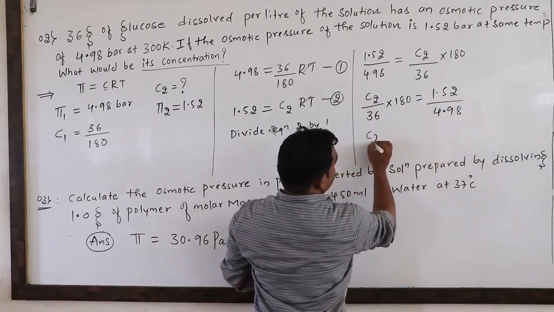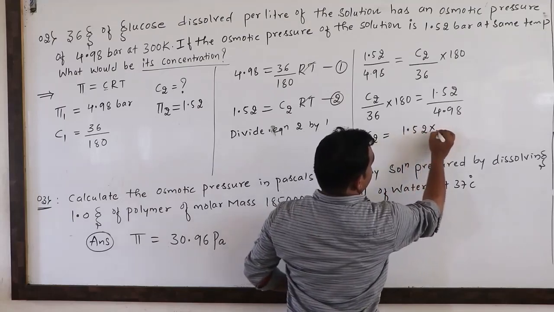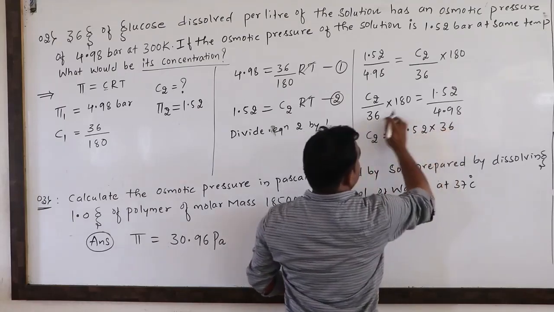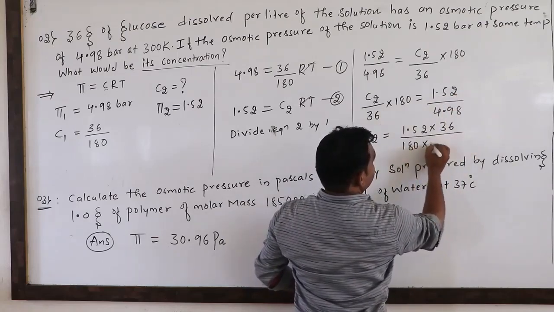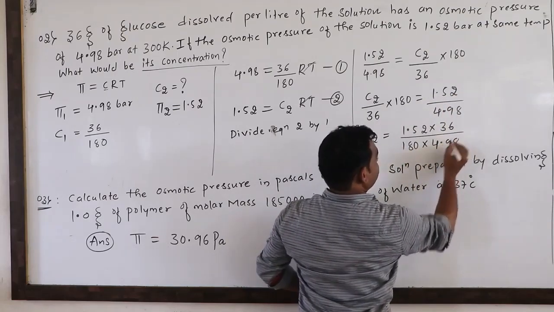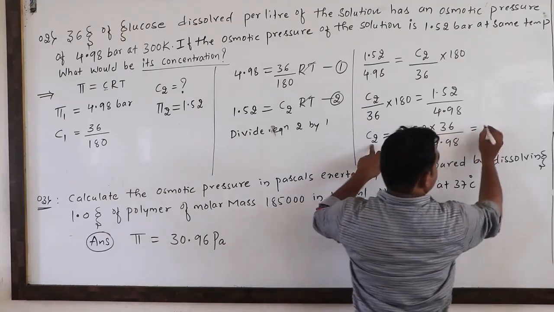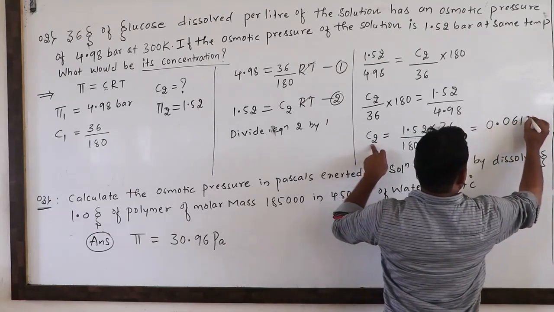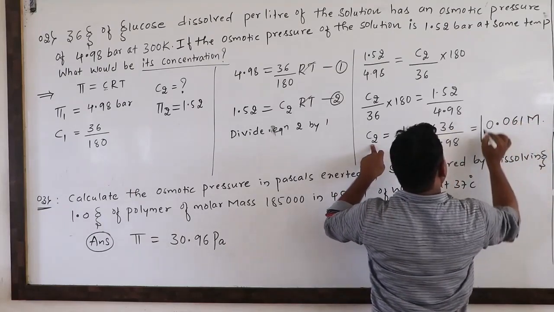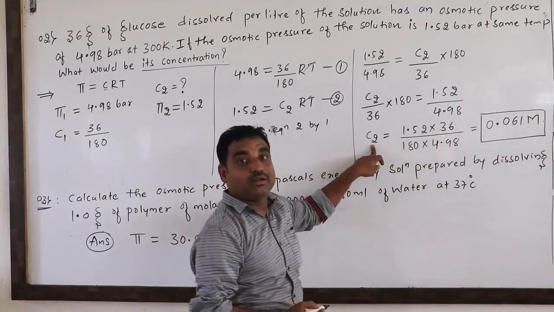Now C2 is equal to 1.52 into 36 divided by 180 into 4.98. If you calculate this, C2 is equal to 0.061 molarity. This is the concentration of the second solution.